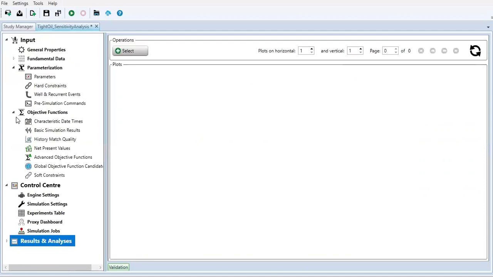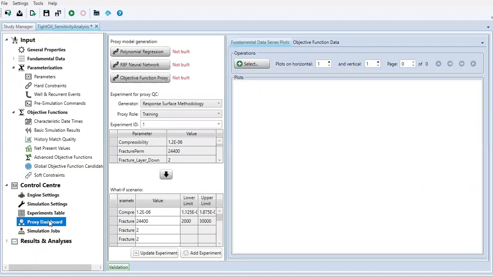And then let's go back to control center, proxy dashboard, proxy model generation. We can have polynomial regression, RBF, neural network, objective function proxy, and then let's expand this section.